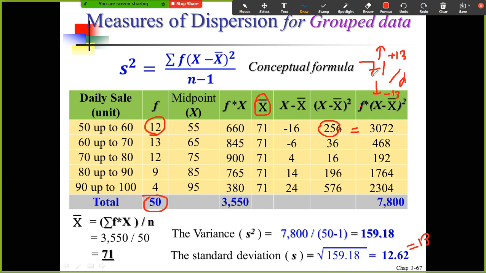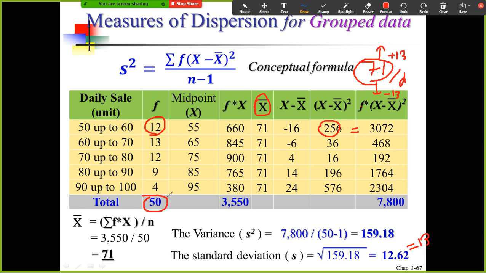Okay, so among the 50 sellers, by finding this, we suppose that each seller could sell 71 units of product per day on average.